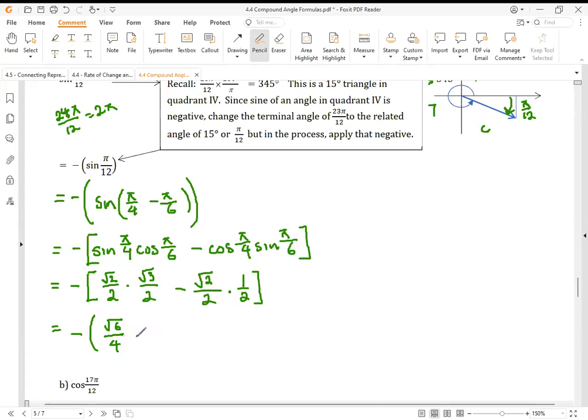Root 6 over 4 minus root 2 over 4. My final answer is distributive property, and simplifying, I'll write it as one fraction. Negative root 6 plus root 2 all over 4. Of course, you can leave it as separate fractions as well. You can write negative root 6 over 4 plus root 2 over 4. They're both fine.